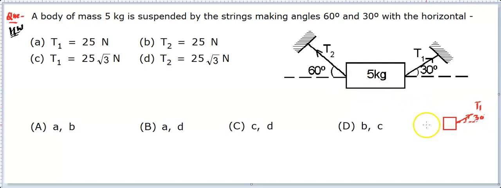Now similarly, from the horizontal at an angle of 60 degrees there's another, you can call it T2. So these are the two tensions that you need to show in the free body diagram. Apart from this, there's going to be the mg force, which is going to act downward. So there's going to be mg, m is 5, g you can take as 10, so that's 50 Newton. So it's mg that I'm writing as 50 Newton as a magnitude.